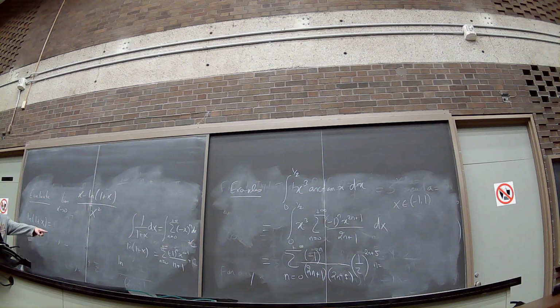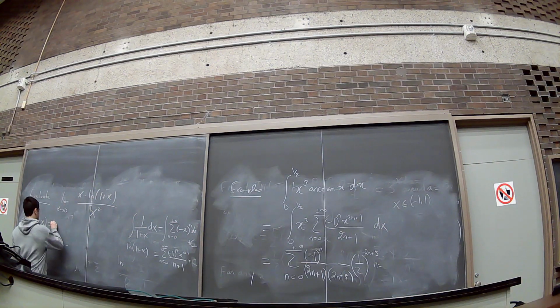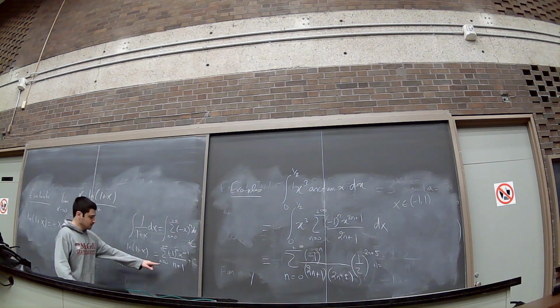What's the first term? For n equals 0, it's x. What's the second term? So n is equal to 1, right?